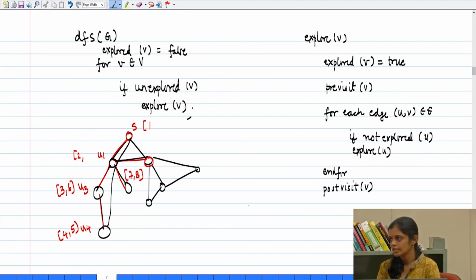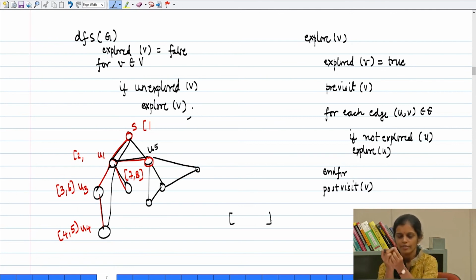So again, there are non-tree edges. This black edge will actually become a non-tree edge, and there can be several non-tree edges. For example, S and the unlabeled vertex U5, the S U5 edge is going to be a non-tree edge. So is there some particular property that you would like to claim about the non-tree edges? Now we have also used these intervals.